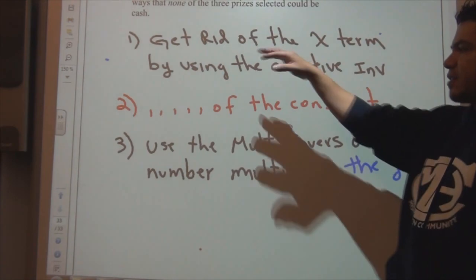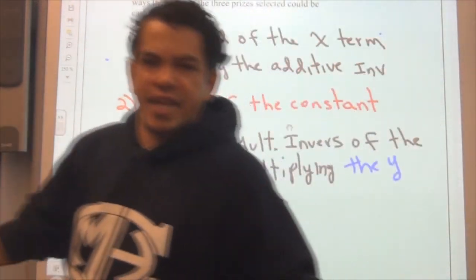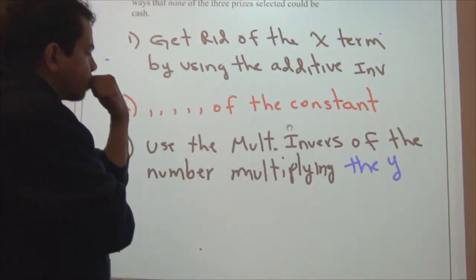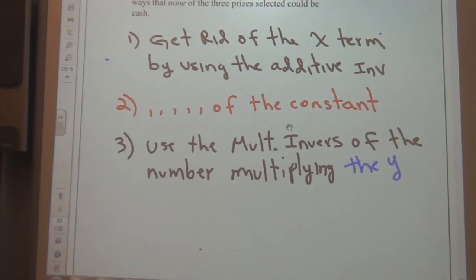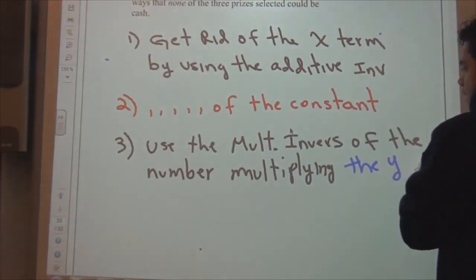Okay? These are the three essential rules. If you can follow them, you could solve for y anything. You understand what I'm saying? So copy it. Alright, so you pause it, you copy. Let's continue with this.